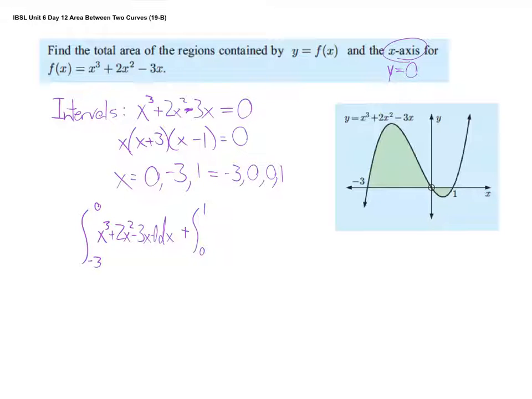Between 0 and 1, the line y equals 0 is on top. So we could think of it as 0 minus the function x cubed plus 2x squared minus 3x. Why 0 minus? Well, because here's our function y equals 0. It's on top. You do the top minus the bottom.